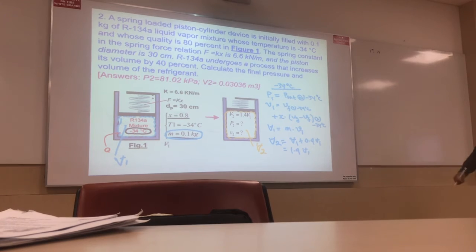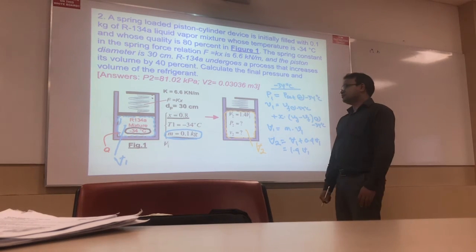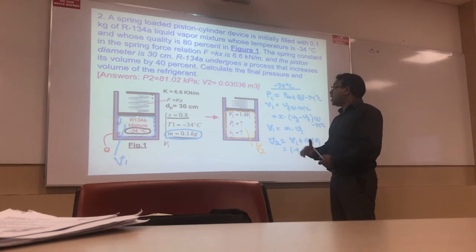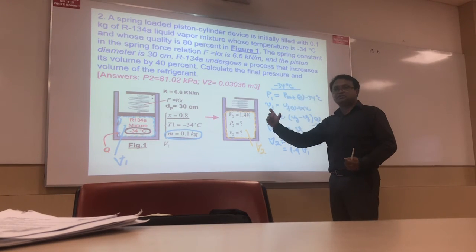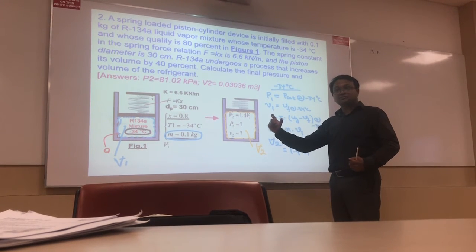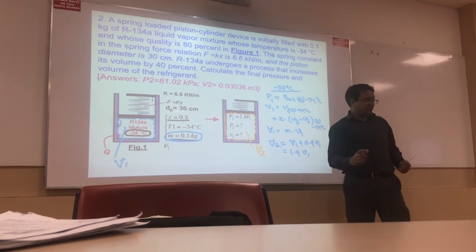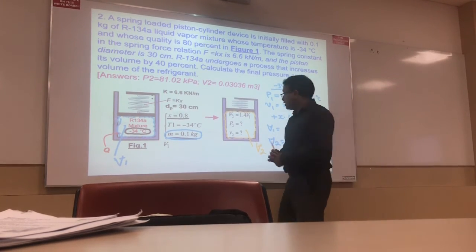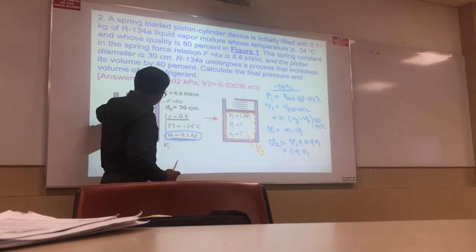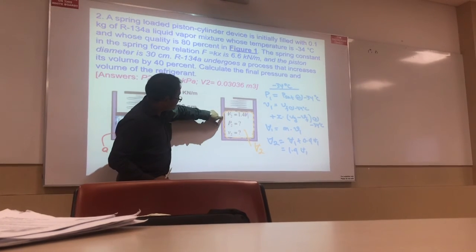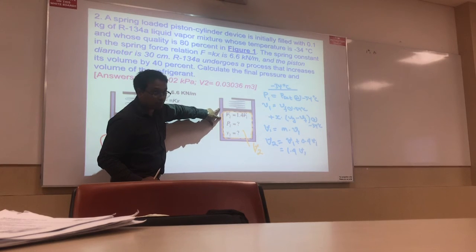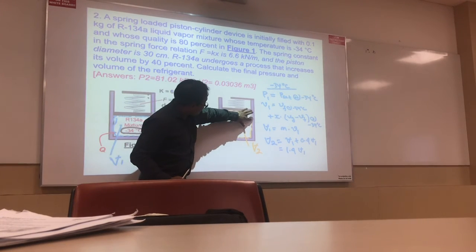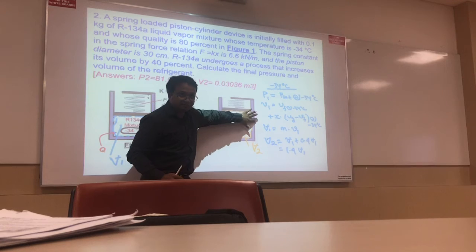Understand? So I can find how much distance is traveled by the piston, right? Can I? I can find it, right? I know the difference in volume. So if I draw one line, I say this is the initial state and this is state 2, and delta V is this volume. Agree?